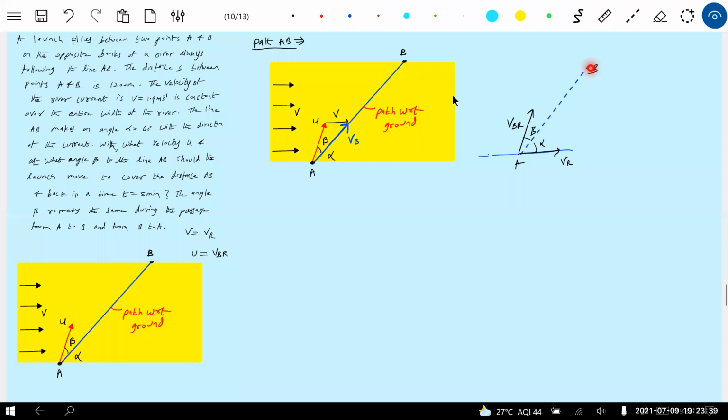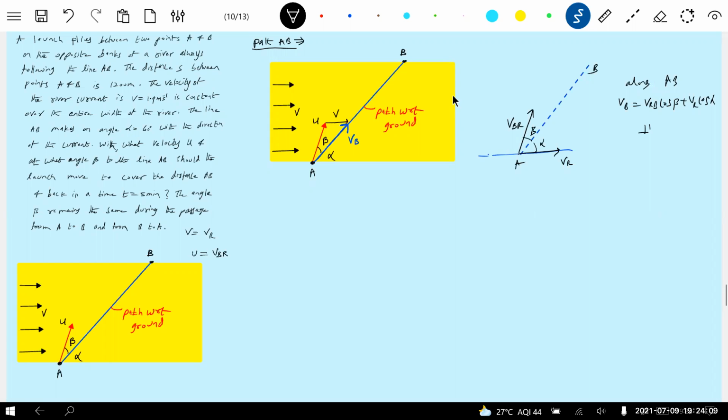So then the components of the velocities of the boat with respect to the river and of the river, perpendicular to the path AB, should be equal. So what should the VB be? VB should be equal to VBR cos beta. I'm slightly deviating from the topics we brought earlier. This is along the path.